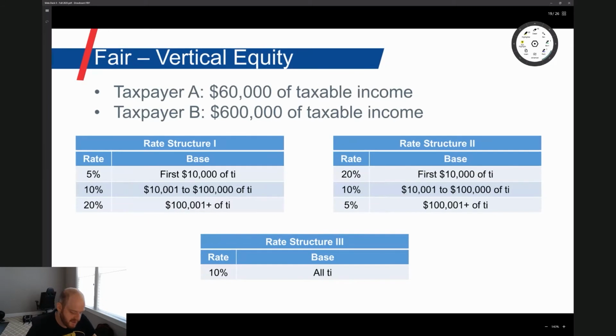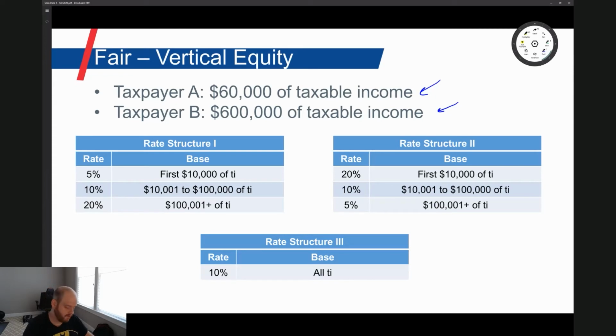So let's look at this example. Taxpayer A has $60,000 of taxable income. Taxpayer B has $600,000 of taxable income. We have three different rate structures, and let's talk about the vertical equity of these rate structures.